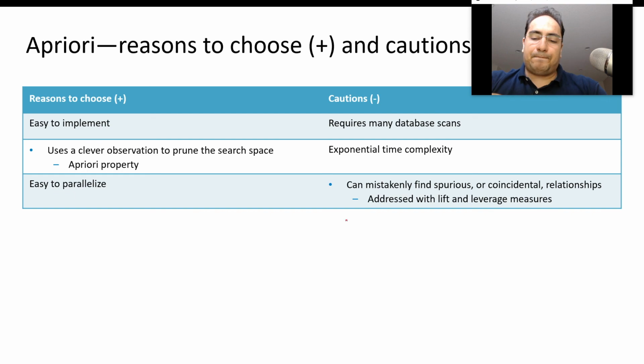And it can mistakenly sometimes find some rules that do not make sense, and this can be identified by applying lift and leverage to make sure that there is actually a meaningful, interesting relationship between them.